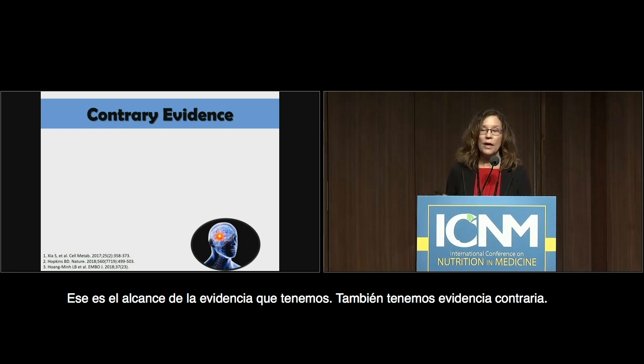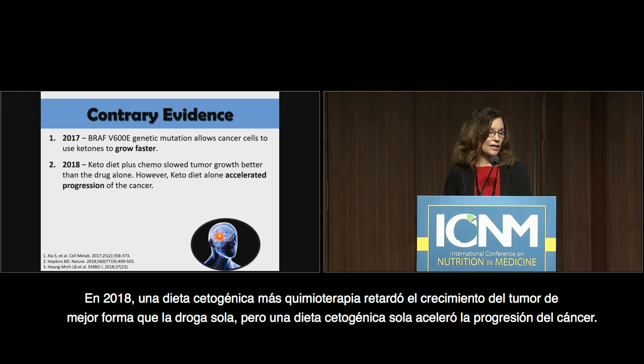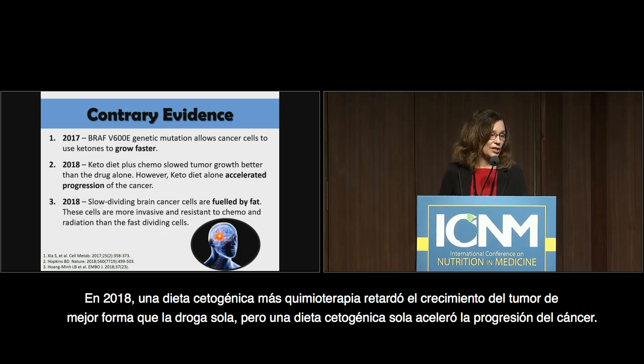We also have some contrary evidence. In 2017, it was found that those with the BRAF V600E genetic mutation used ketones, and the cancers would grow faster. 2018, keto diet plus chemo slowed tumor growth better than the drug alone, but the keto diet alone actually accelerated the progression of cancer.